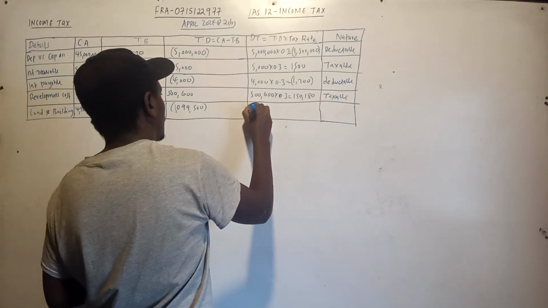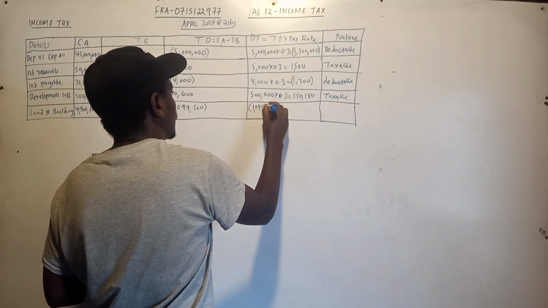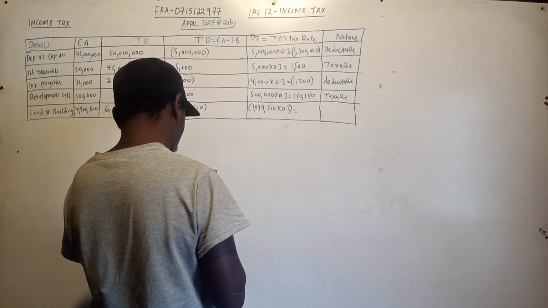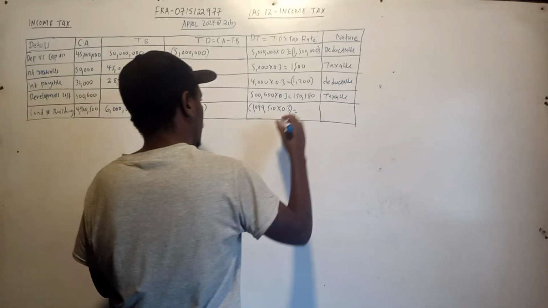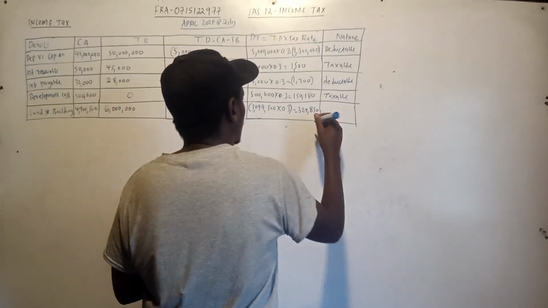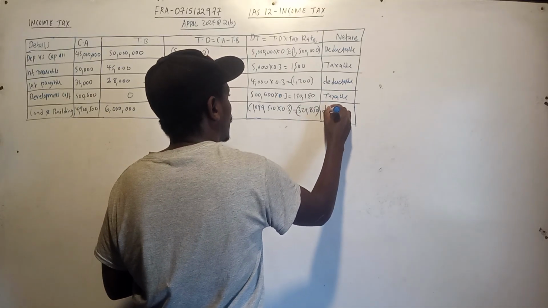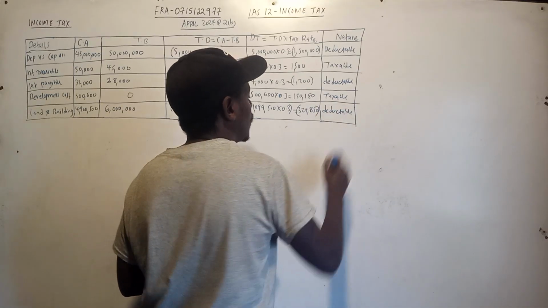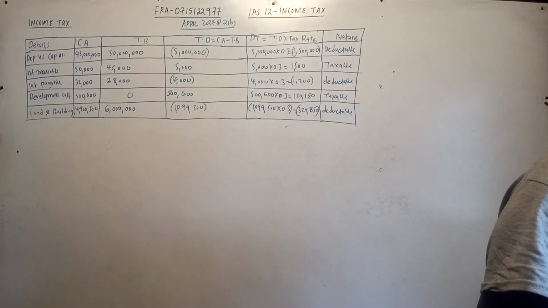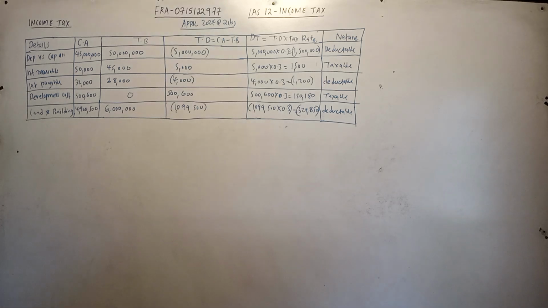So in this case, it will be 1099,500 times 0.3, which is 329,850. And it is deductible. That will be equal to a deductible amount. Now, I think we are done with that one.